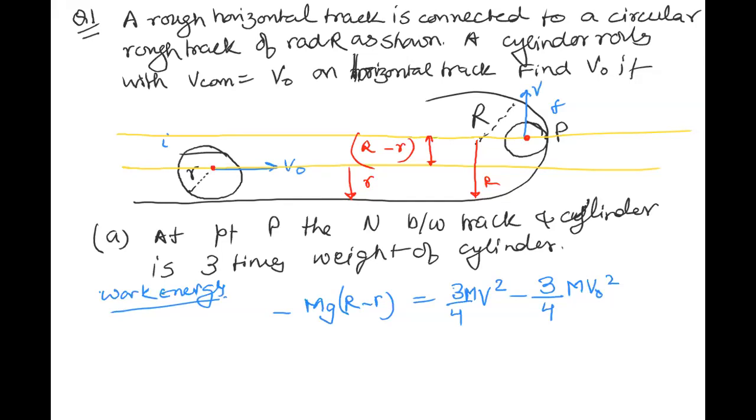V is unknown and V naught is unknown. So I need to find out V in order to find out V naught. And this is a very, very common thing that you are going to face. When you apply the work energy theorem, you are going to find that you end up with a single equation but two variables. If you are unlucky, three variables.